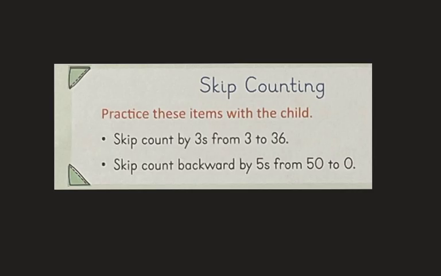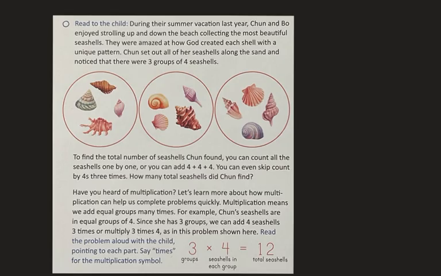Okay, now skip count backward by fives from 50 to 0. Pause and do that now. 50, 45, 40, 35, 30, 25, 20, 15, 10, 5, 0. Okay, let's get started with the lesson.